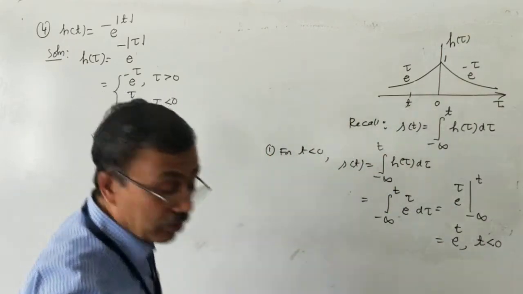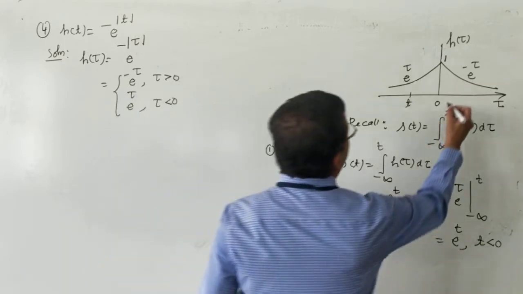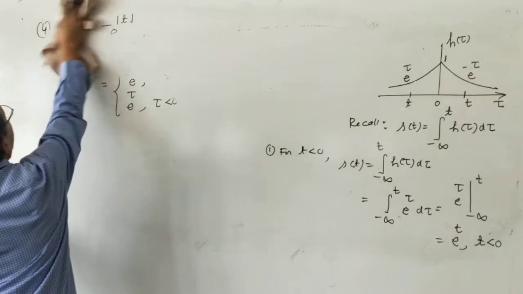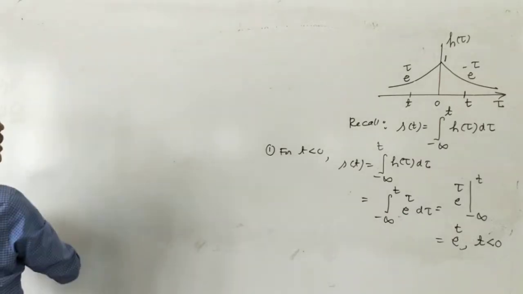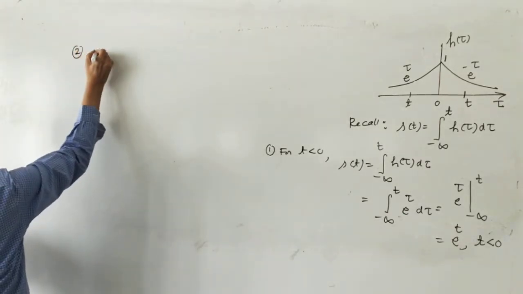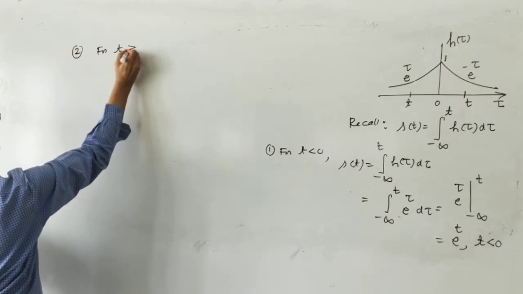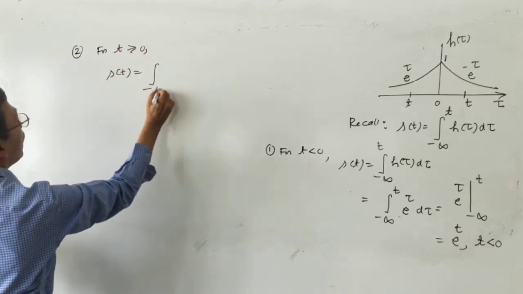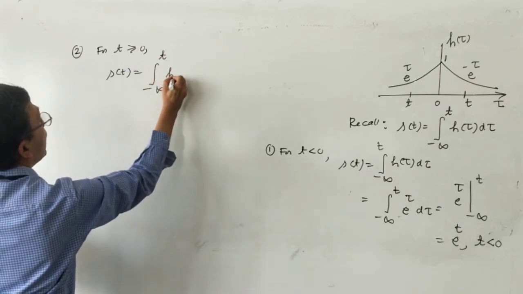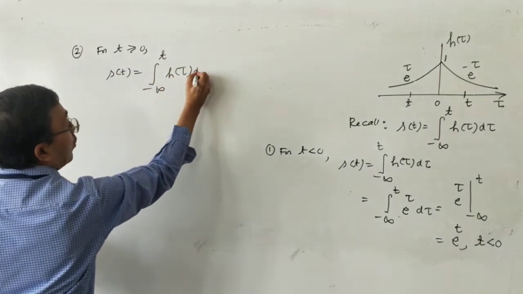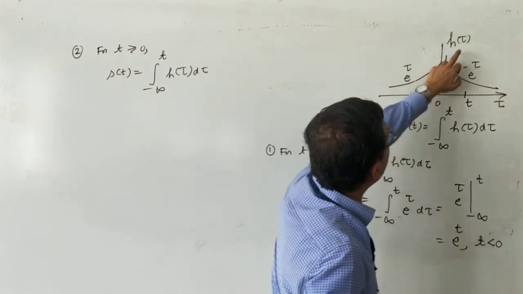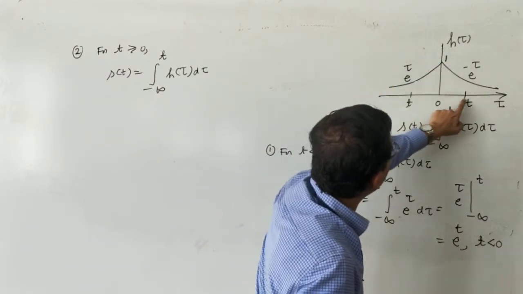Next I will take t to be positive, the case t greater or equal to 0. What is S of t? Integration from minus infinity to t of h of tau d tau. Now t is positive. That means you have to find the area under this curve from minus infinity to this t.